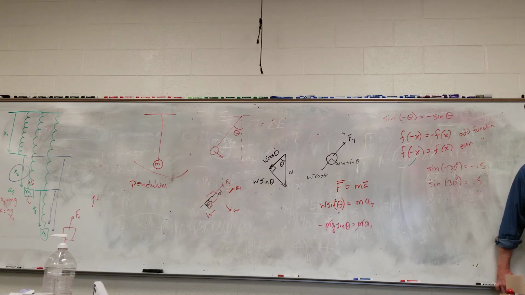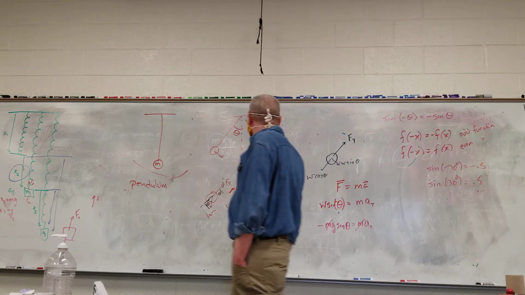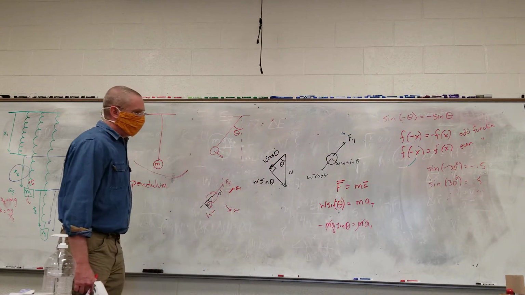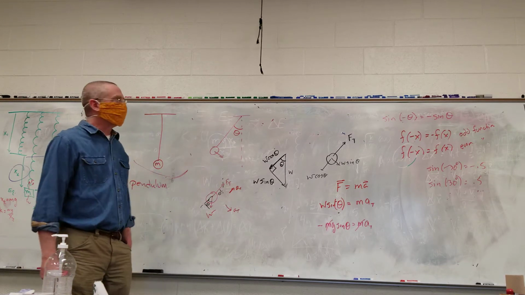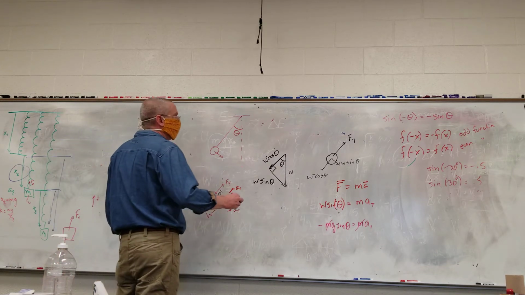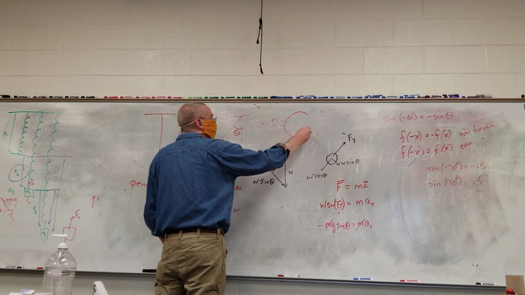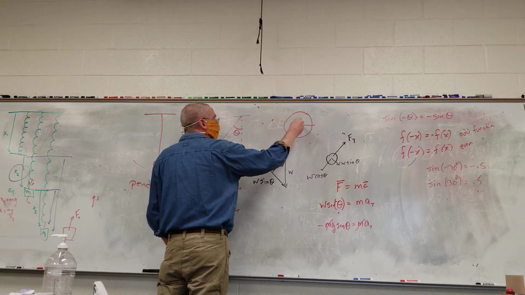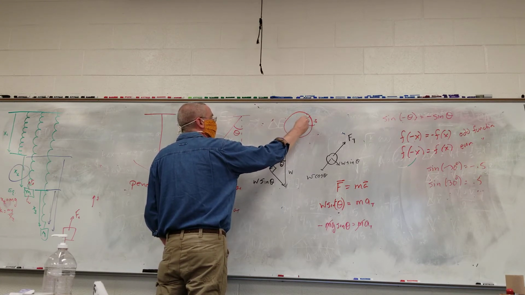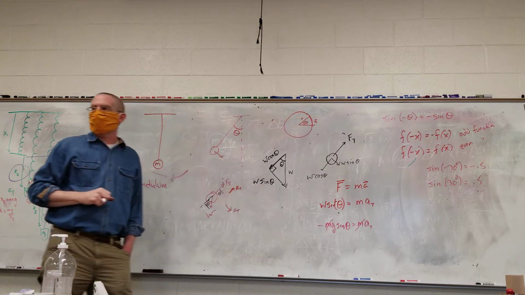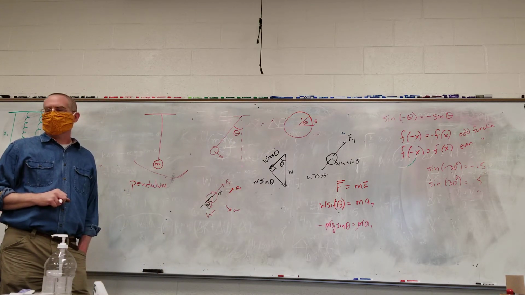All right, so we're almost there. Rotational motion. Flashback to rotational motion. I have a circle here, some arc length, S, R, and theta. What's the relationship between S, R, and theta, if theta is in radians?